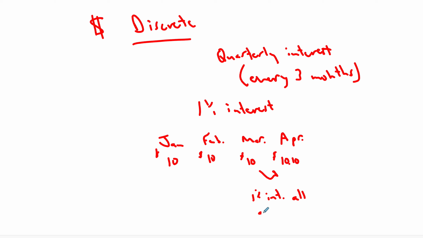all at once. And that's the key thing. With discrete change, it doesn't happen continuously over this whole time period. It just happens after whatever that interval is. So that would mean for May and June, the same thing would happen.